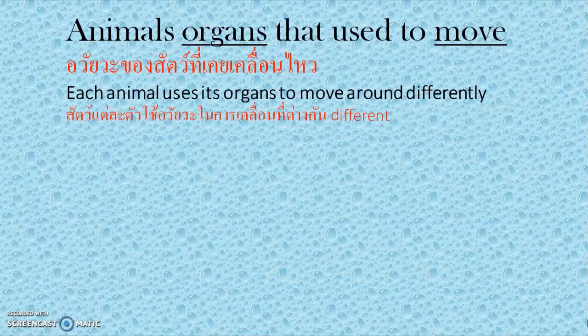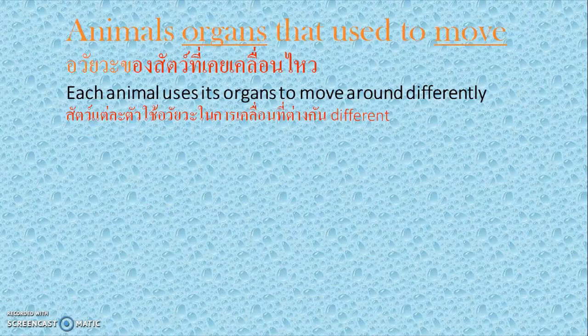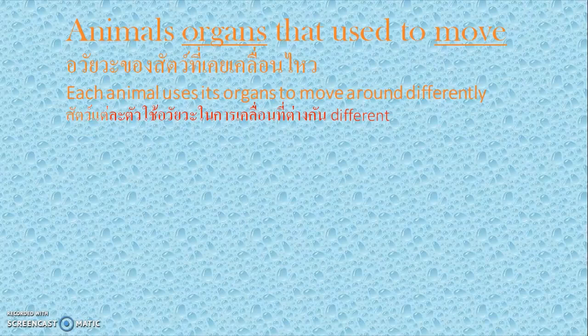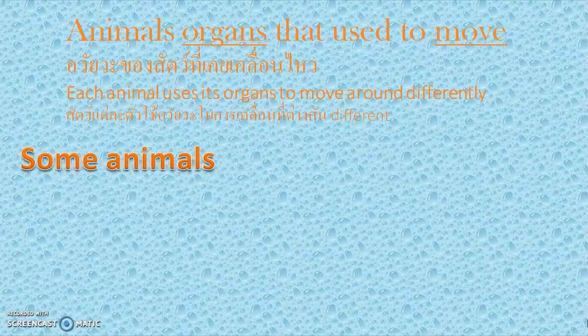So now, animals' organs that are used to move. Each animal uses its organs to move around differently. Okay, we are going to learn that. Some animals use legs. Do you know what legs are? Very good.